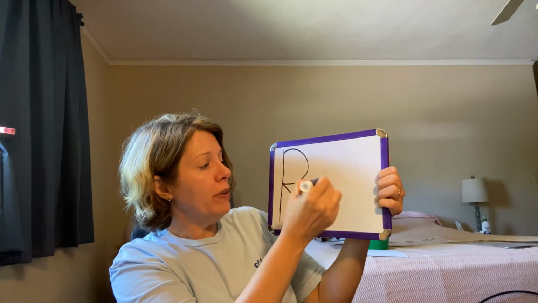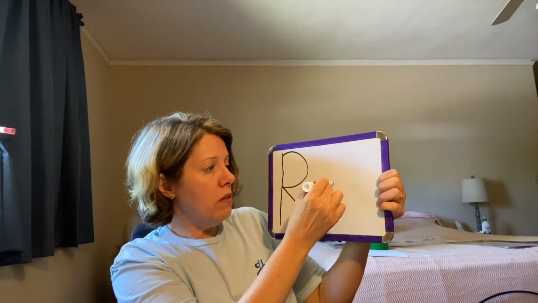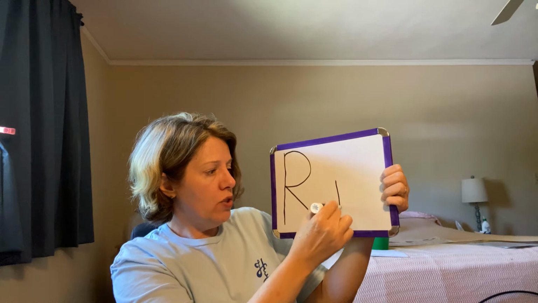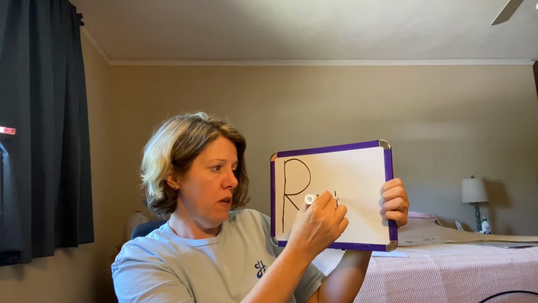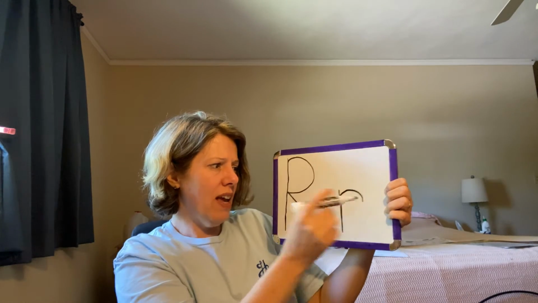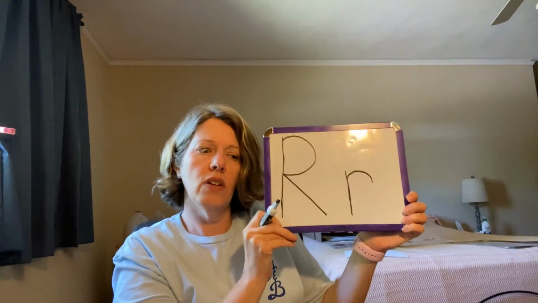And then the lowercase r starts in the middle on the left side, goes straight down, back up, beep, beep, beep. And it has an arm that's just kind of hanging. Do you remember we did the arm that just kind of hangs like that? Right, okay.